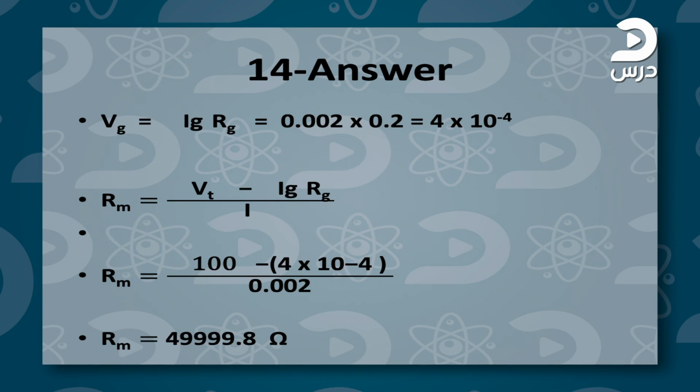The answer: VG equals IG RG, which is 0.002 multiplied by 0.2 equals 4 multiplied by 10⁻⁴ volt. The RM equals (V minus VG) over I, which is (100 minus 4 multiplied by 10⁻⁴) divided by 0.002. Cross multiplication, so RM equals 49999.8 ohm.